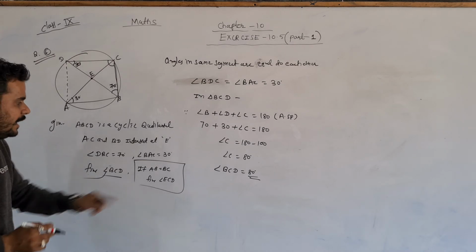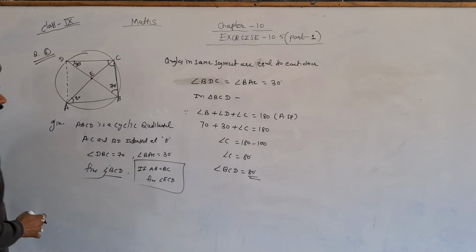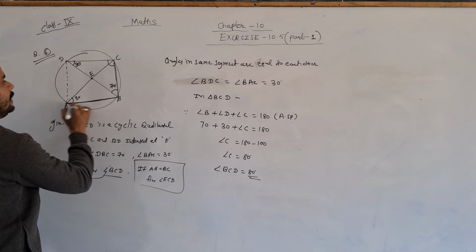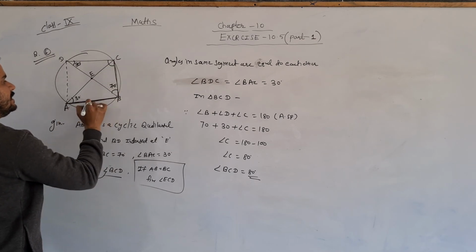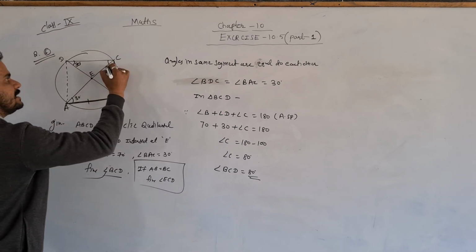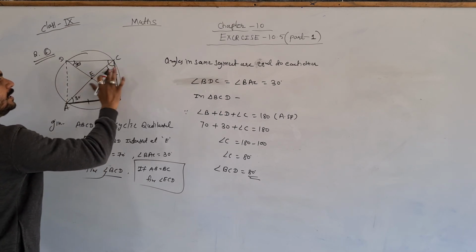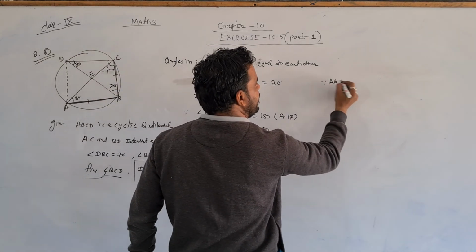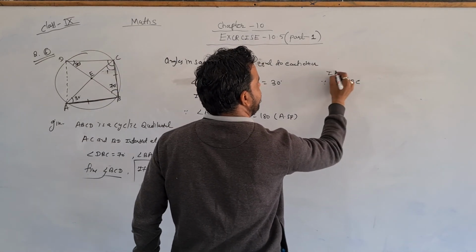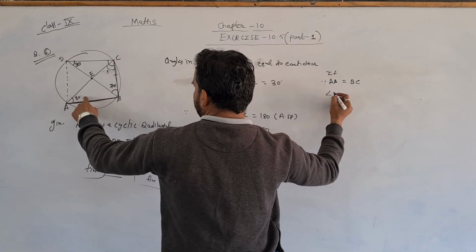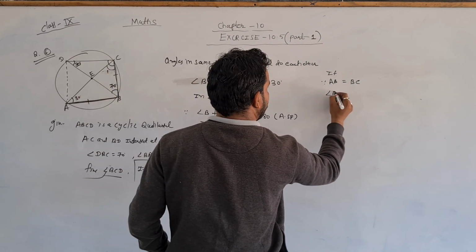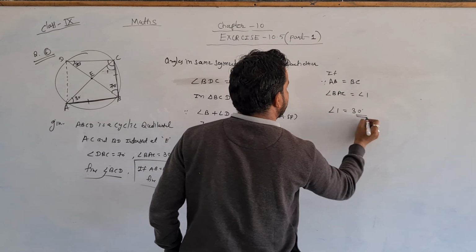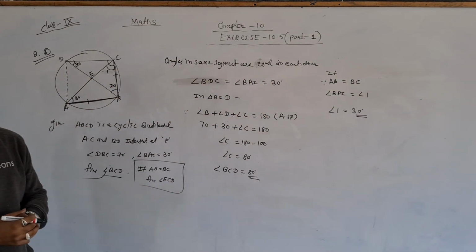The second thing is given: AB is equal to BC. Where is AB? If AB is equal to BC, then this is an isosceles triangle. This angle is also equal to 30 degrees. So here we can mark 1. We know that if AB equals BC, then angle BAC is equal to angle 1. Then angle 1 is equal to 30 degrees by isosceles triangle.